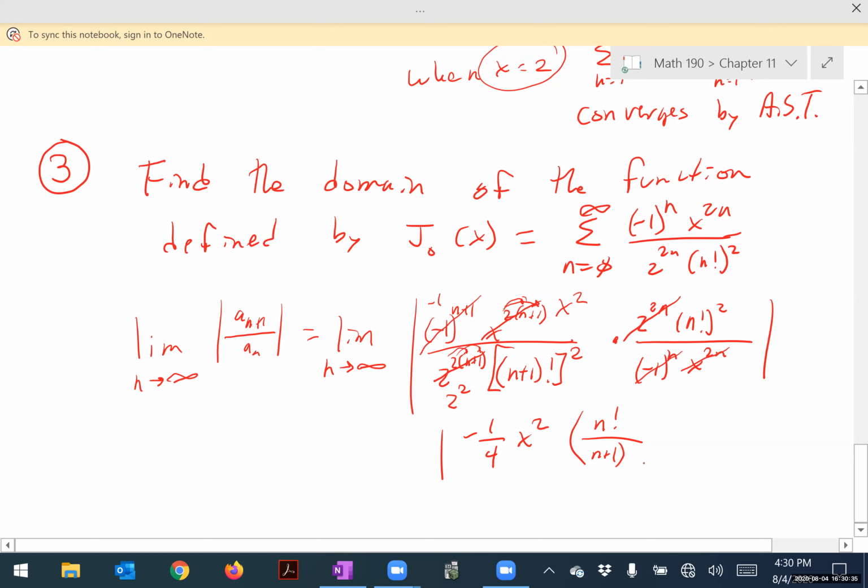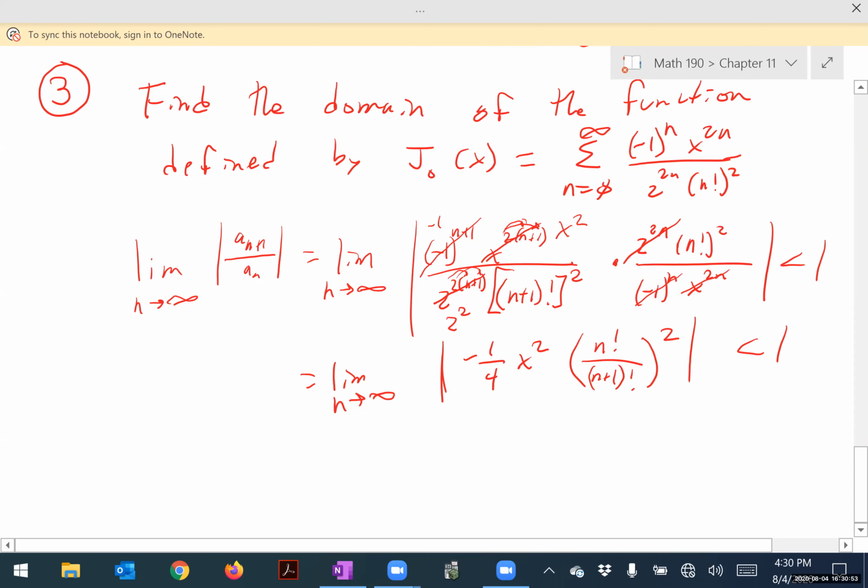absolute value equals the limit as n goes to infinity. We want this to be less than 1 because it will be convergent if it's less than 1. Okay, cleaning that up as we go. So this is -1 over 4 absolute value. So I'm going to break up the absolute value here. The absolute value of -1/4 is just 1/4, times the absolute value of x squared, which is just x squared, I mean, we're going to clean that up in a second, times the absolute value of this thing.